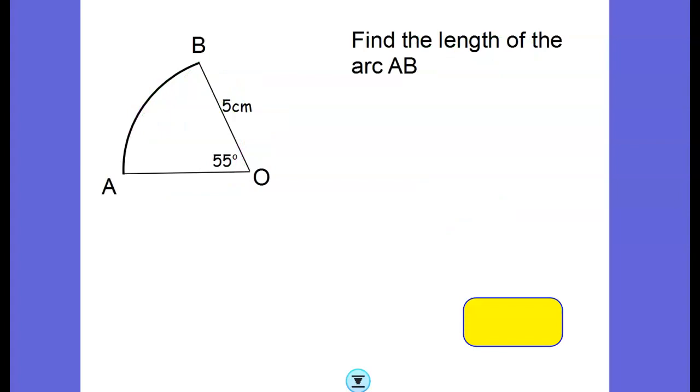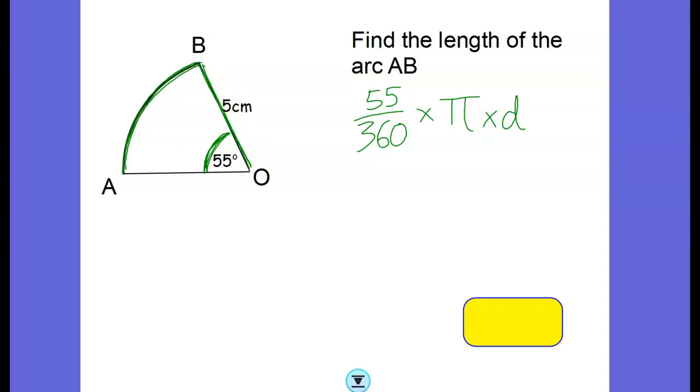So the length of the arc AB. The length of the arc is to do with a part of the circumference, so I know that is the pi d one. And I know that I'm dealing with 55 360ths of a circle. So always, whatever the angle at the centre is, over 360 times pi d. Now just be a little bit careful here because we've got a radius of 5, so my diameter is going to be double that.